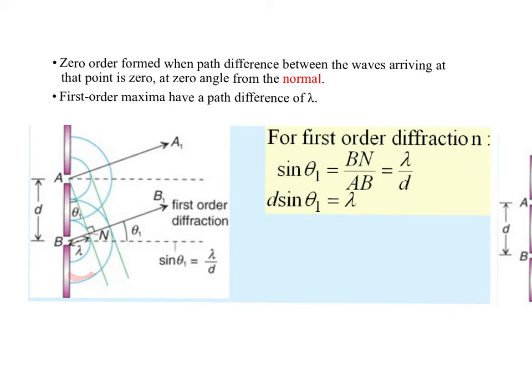And this green line is drawn to basically show that. Now, wave A and wave B have a path difference, and since that path difference is equal to the whole wavefront, the path difference is equal to a wavelength.